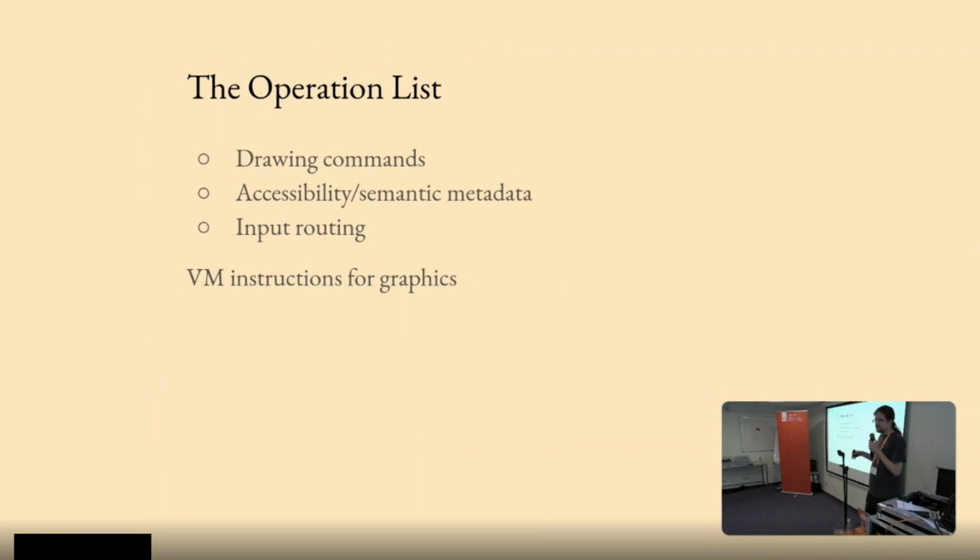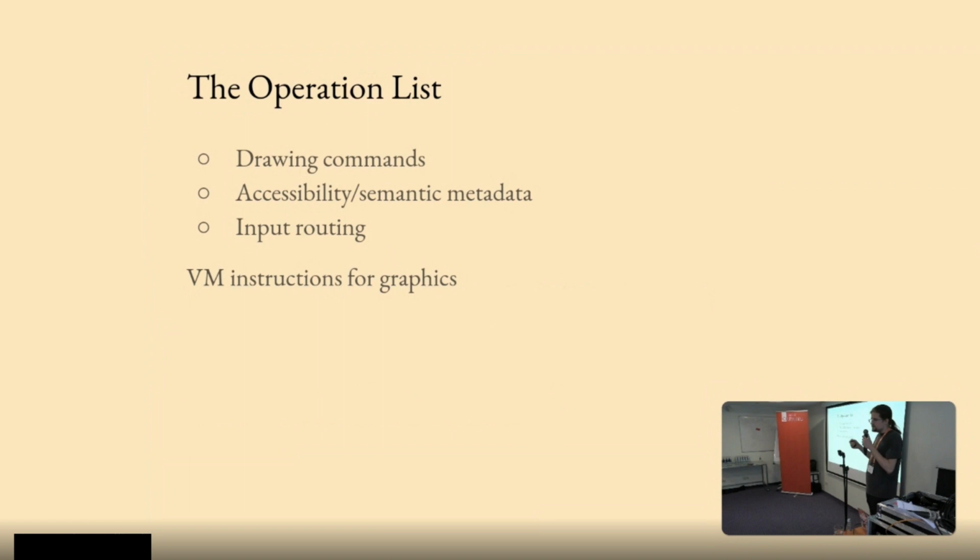In GUI, we do all of this via a unified construct that we call the operation list. So when you go to present a frame, you populate this operation list with instructions that describe these three aspects of your GUI in a unified paradigm. So there's drawing commands. We can say, I want to work with this area of the screen and I want to fill it with a color or an image.